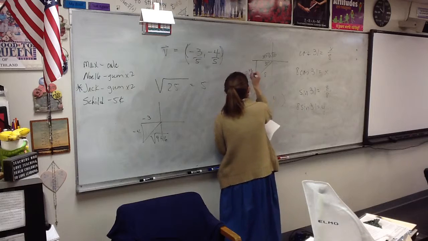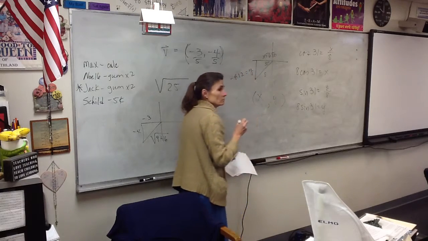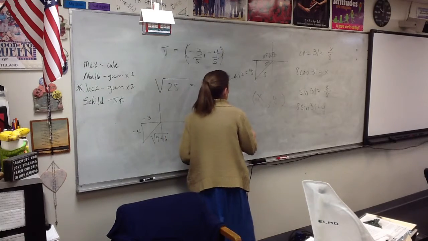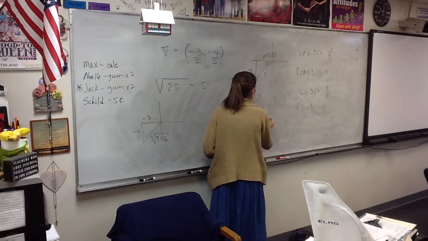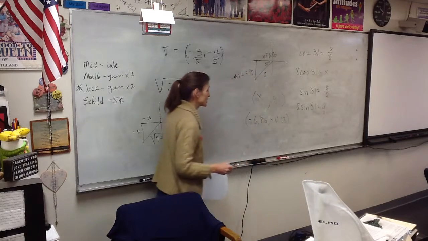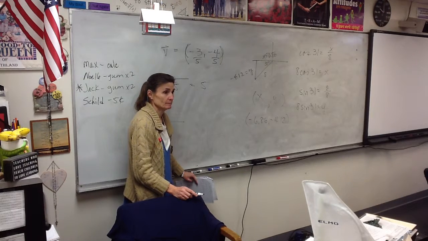And I got negative 4.12. Does everybody understand why that y is negative? So negative 6.86, negative 4.12. That's your answer. That's your x and your y.